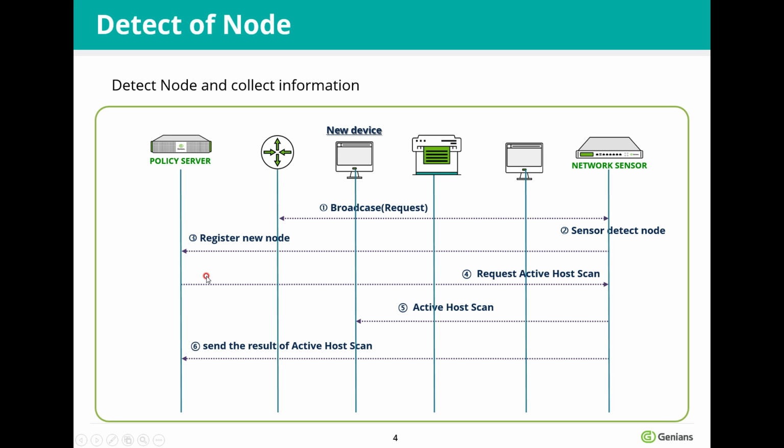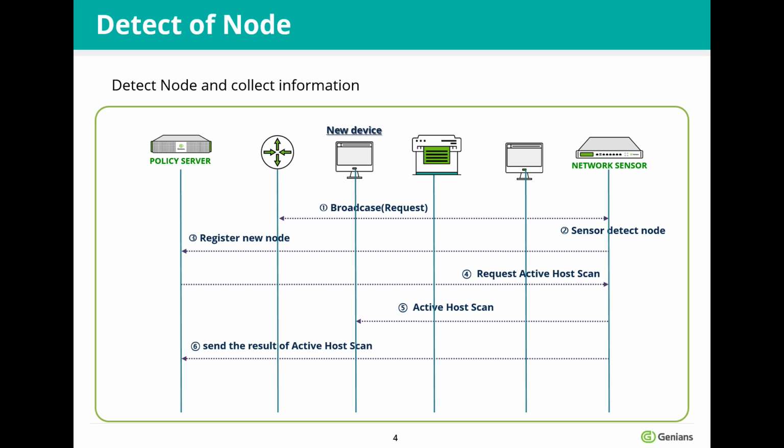The policy server commands the network sensor to scan the new device. The policy server checks through the network sensor with an active scan for information such as platform and open ports for the new device.